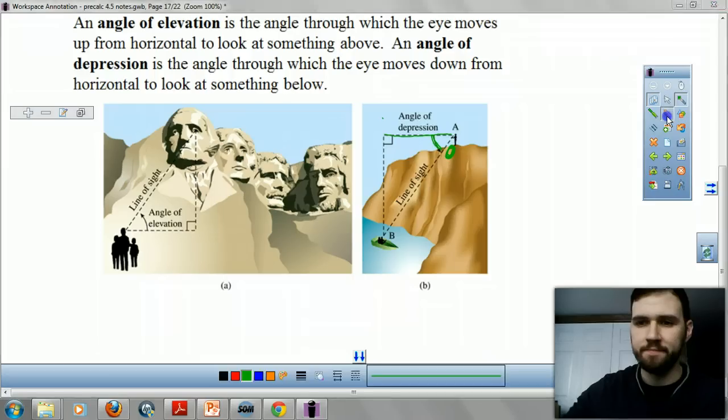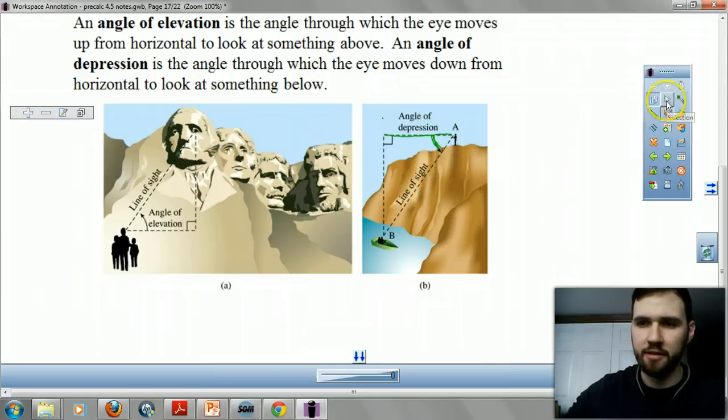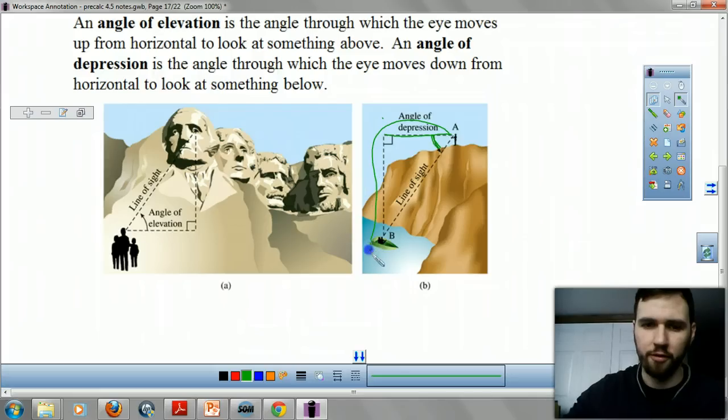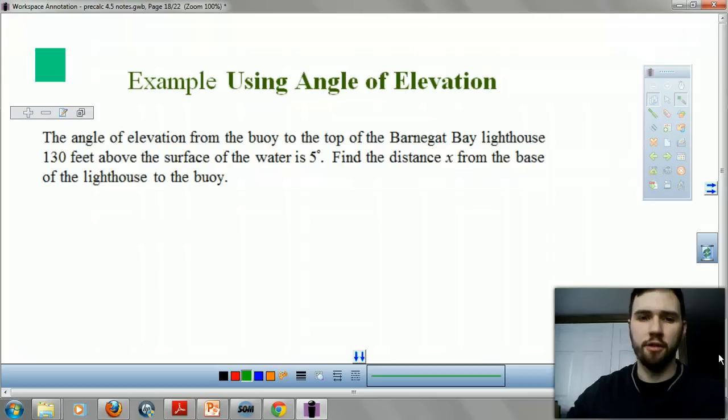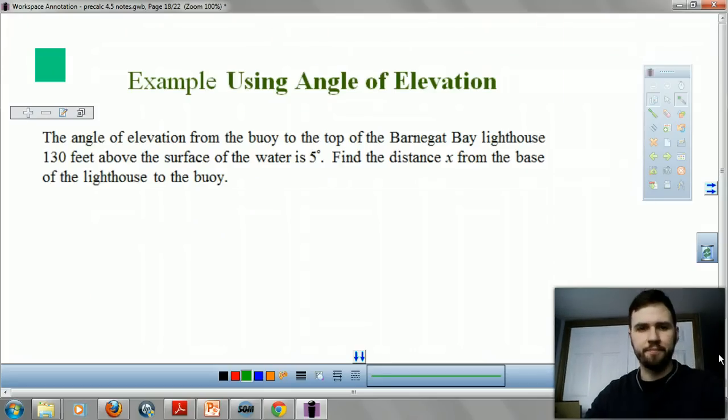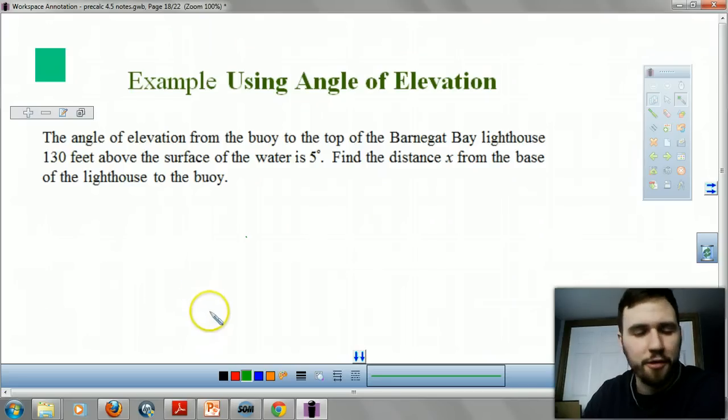This guy's going fishing. Little hook. Some fish. Let's use angle of elevation. You have a buoy. These are ridiculous. They're always with water. You have a buoy.